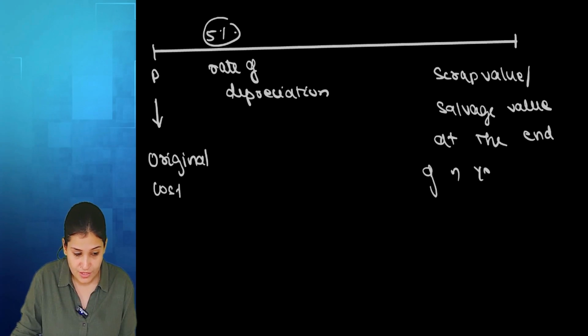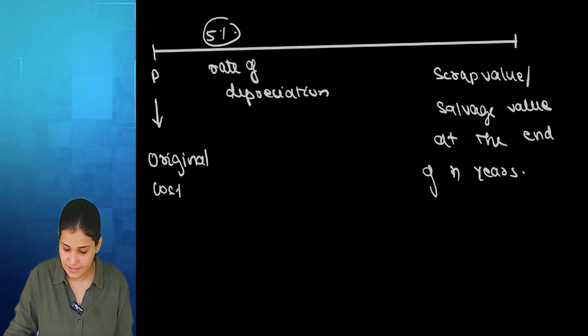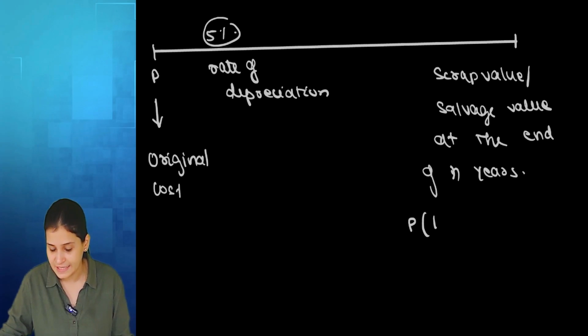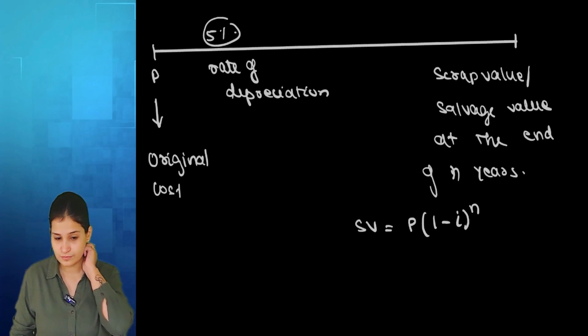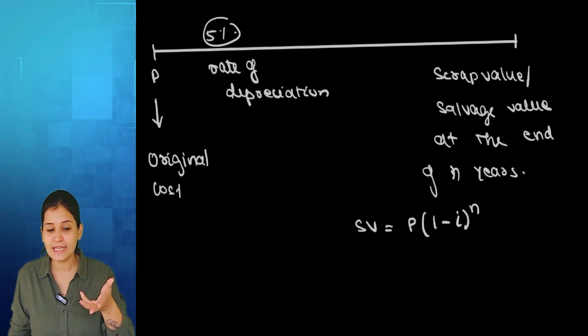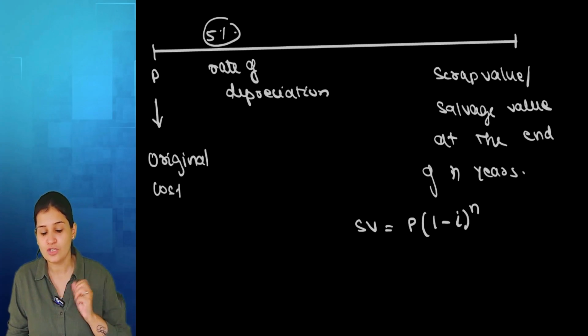So if I want to sell it at the end of n years, then the value that I'll get is P, instead of 1 plus i, it will reduce by 1 minus i to the power n. That will be my scrap value. Instead of adding the interest, that much value gets reduced. So it becomes 1 minus i.